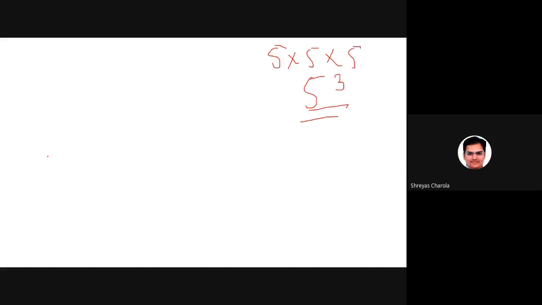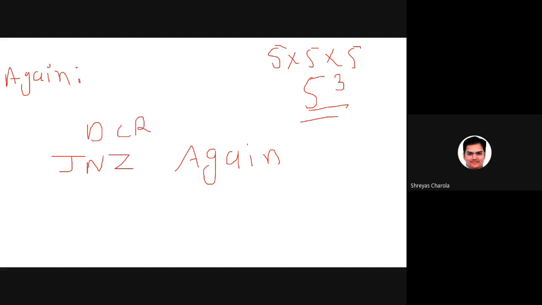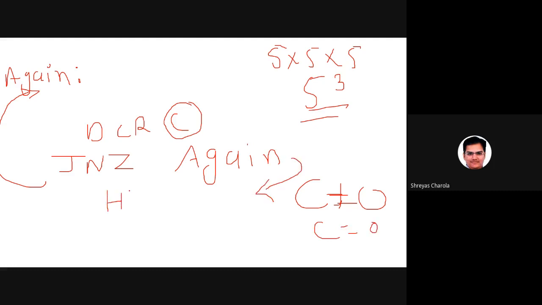Whenever I write the instruction JNZ again, and I have written again here, then whatever flag comes before it, DCR C, if C is not equal to 0, that means it will go back. If C is equal to 0, it will come out of the loop and execute the next instruction after that.